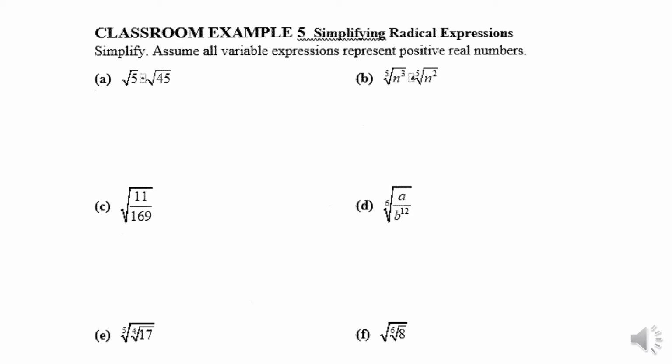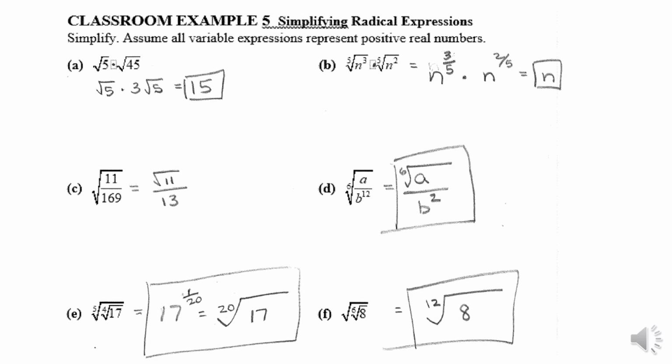So here we're to simplify all of these expressions. Let's see how you do. This problem could have also said that 8 is 2 cubed, and so this could also have been the 4th root of 2 as an answer.